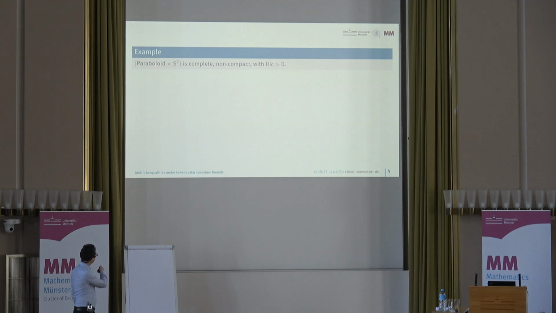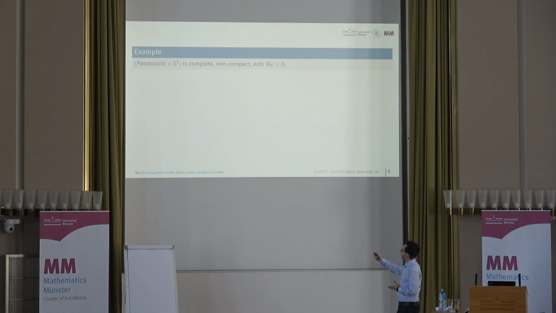So the first thing that you might notice is if you look at this paraboloid example from before and you cross it with something else with positive Ricci curvature, let's say take the 2-sphere, then this will still have positive Ricci curvature, but it gives you a complete non-compact manifold, which in that case will be diffeomorphic to R2 cross the 2-sphere, which is not R4, of course. So you don't have this completely strong restriction on the topology anymore. But you can still say a lot of things.